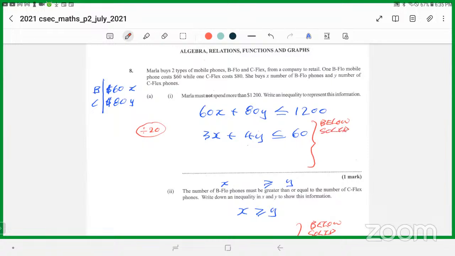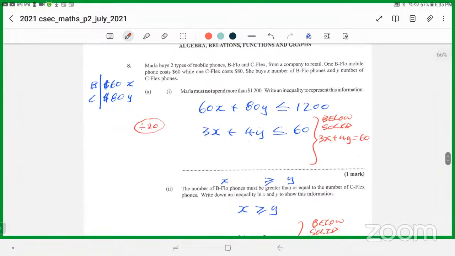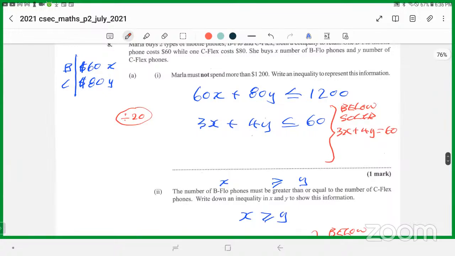And the line that we're drawing is the one associated with this inequality, which is 3x plus 4y equals 60. So let me put it right here just to show you how we get 2 points on it quickly. We need 2 points so we can draw the line.